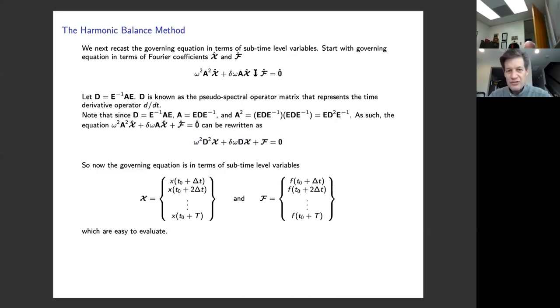We don't have to know the coefficients in advance, and so they're easy to evaluate.